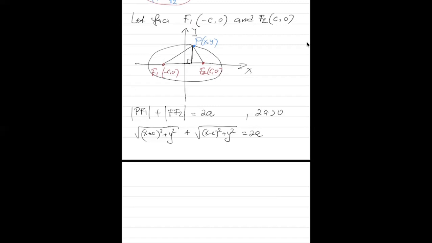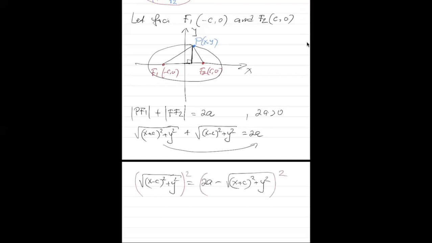So now we are going to move this term to the other side and rewrite this as the square root of (x minus c) squared plus y squared equals 2a minus the square root of (x plus c) squared plus y squared. And we're going to square both sides.